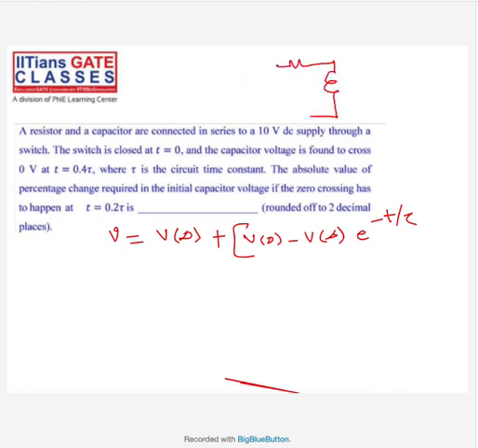This is what is given, 10 volts. What is VC of infinity? At infinity, this capacitor acts as an open circuit.